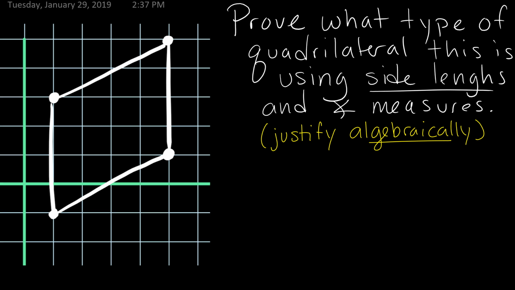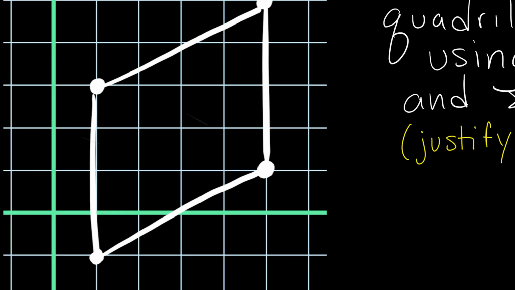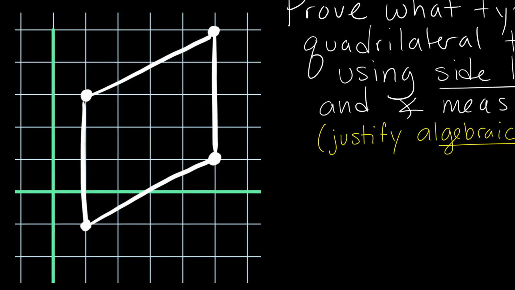Okay, so the first thing that I would have done here was label my points with letters because that would help me keep track of the sides. Now, when I am labeling on a graph, well, actually any shape, and it tells you the vertices are A, B, C, and D, you have to label in order.